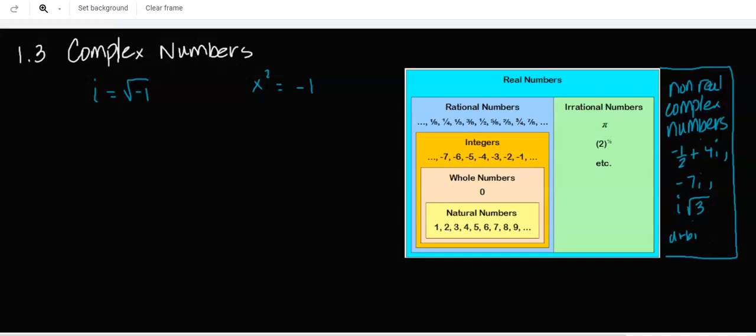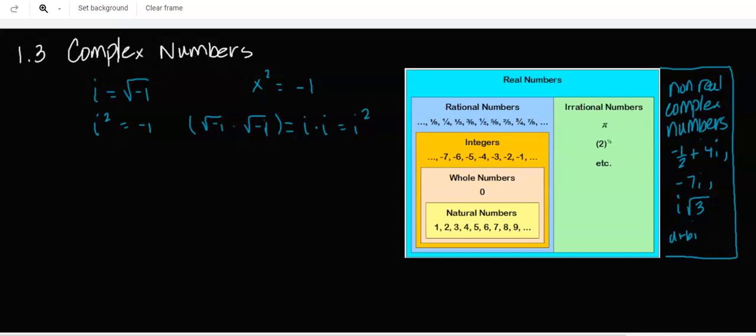So this is the definition. i equals the square root of -1. We also know that i squared is -1. So that comes from the square root of -1 times the square root of -1, which would be i times i, which is i squared. So we simplify these radicals first before we do anything else with them.